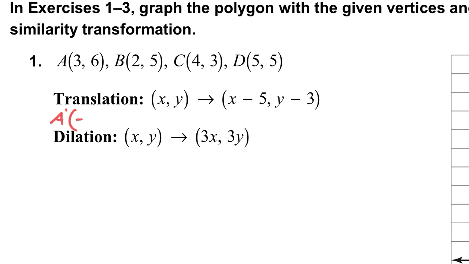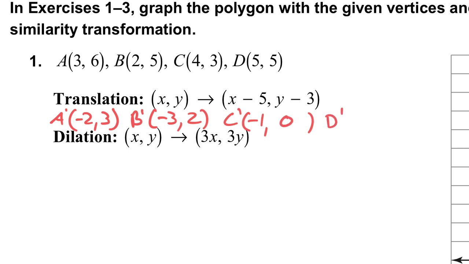So that's going to give me negative 2, comma 3. And then for B prime, 2 minus 5 is negative 3, and 5 minus 3 is 2, so we have negative 3, 2. C prime, 4 minus 5 is negative 1, and 3 minus 3 is 0. And D prime, 5 minus 5 is 0, 5 minus 3 is 2. So there is the first round of our transformations.